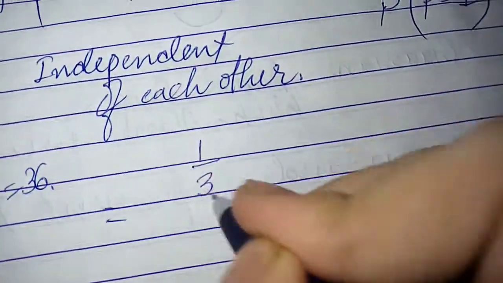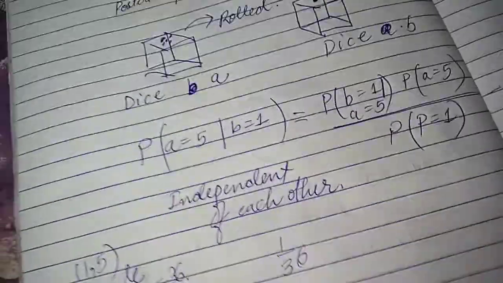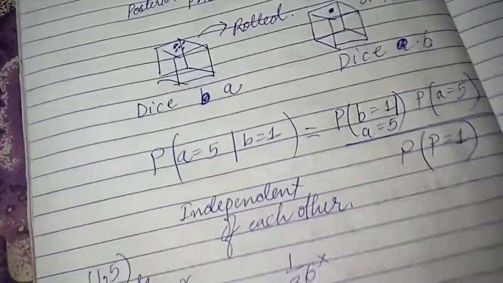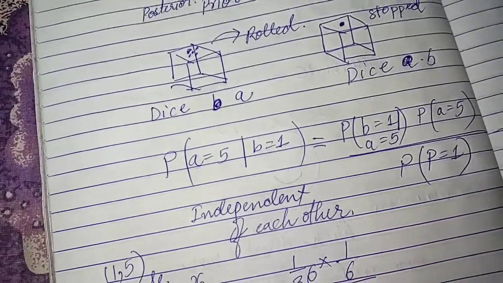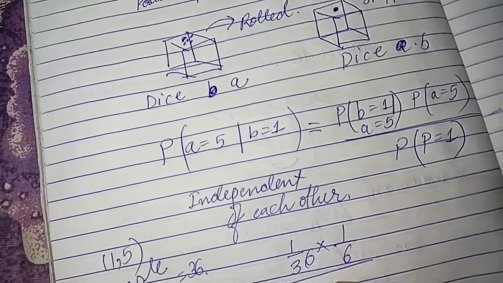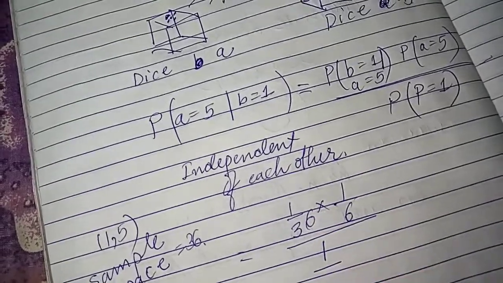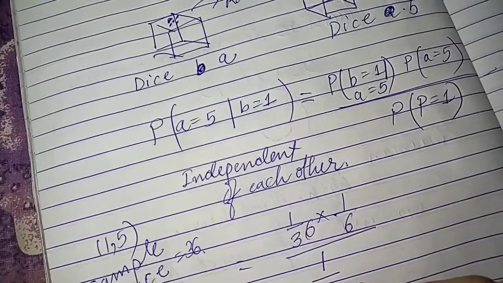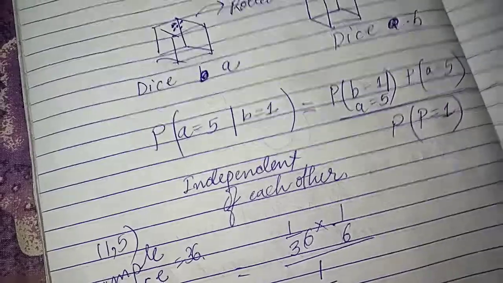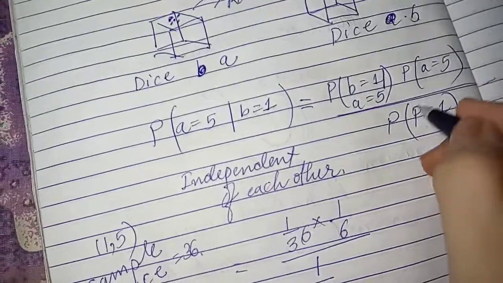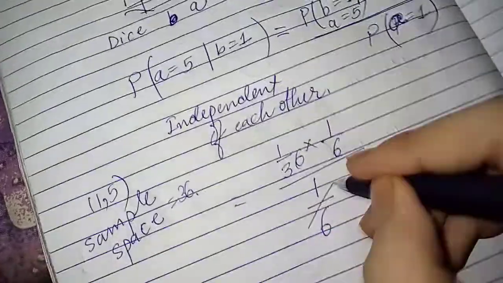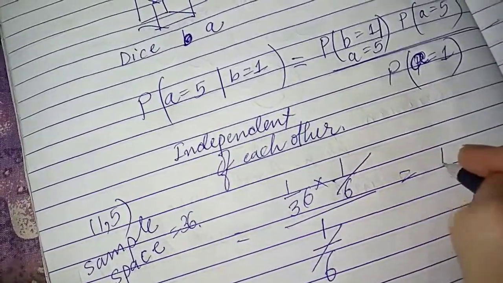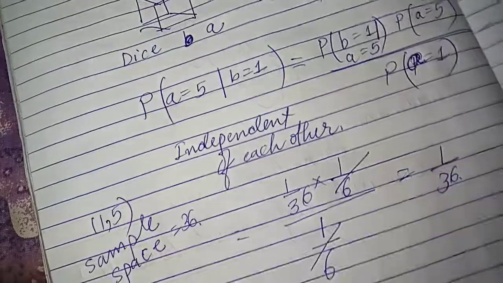So it will be 1 divided by 36 times P of A equals 5. So here P of A equals 5 will be 1 by 6, divided by P of B equals 1, which is 1 by 6. Sorry, there is a writing mistake. So here this and this will get cancelled and this will yield 1 by 36.